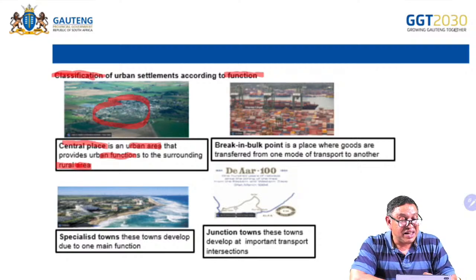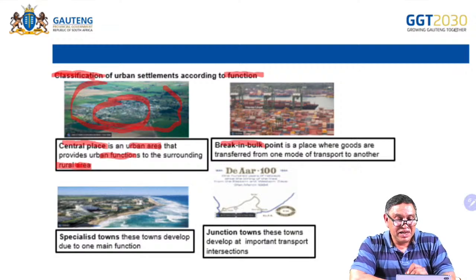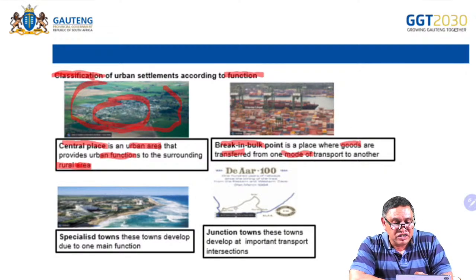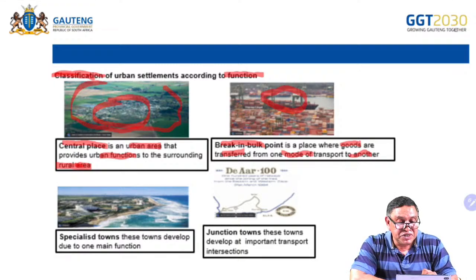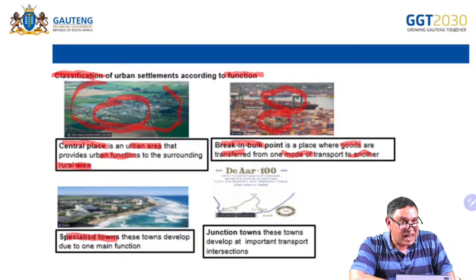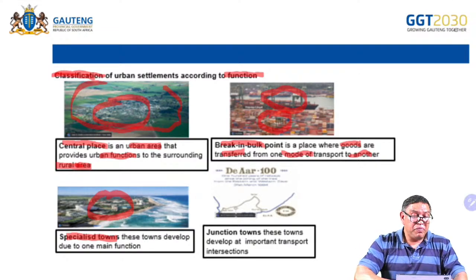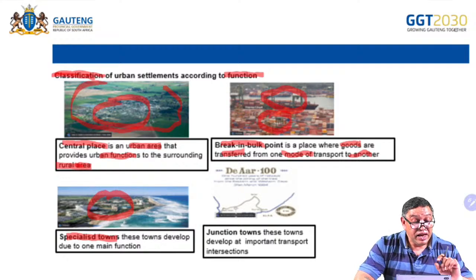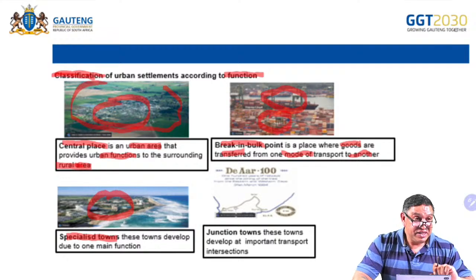You can see it here, an urban area, and there are the rural areas around it. A break of bulk is a place where goods are transferred from one mode of transport to another, from the ships to the containers to the trucks. Specialized towns, like when we look at this, the hotels here, the recreation here, and various factors.